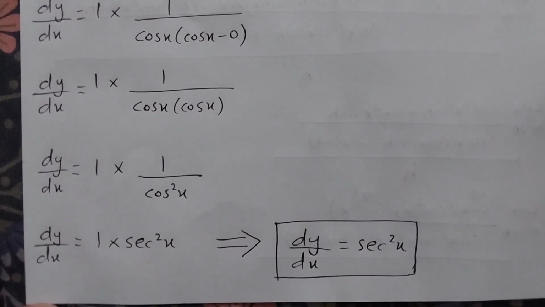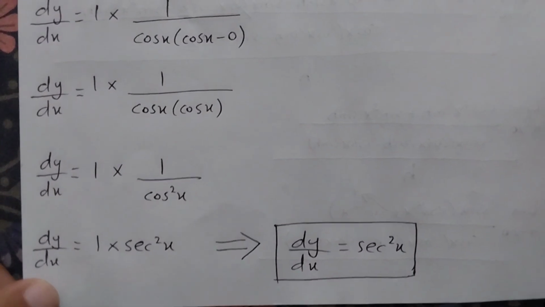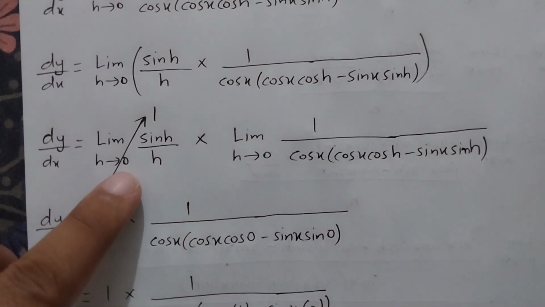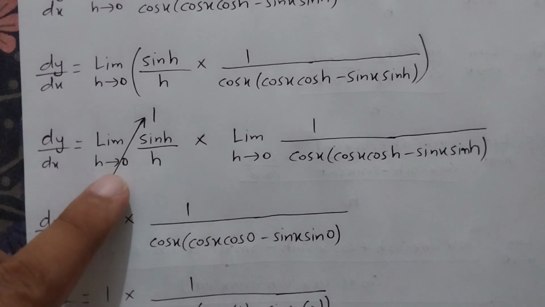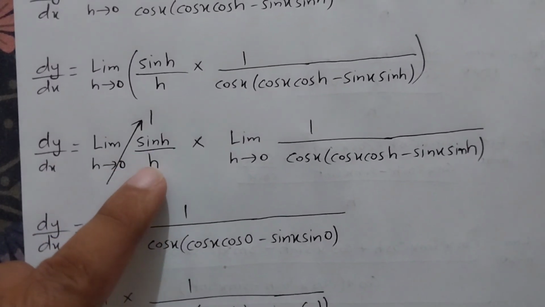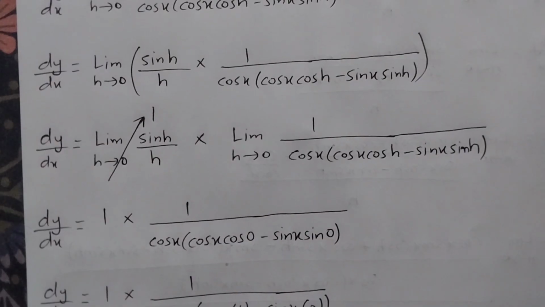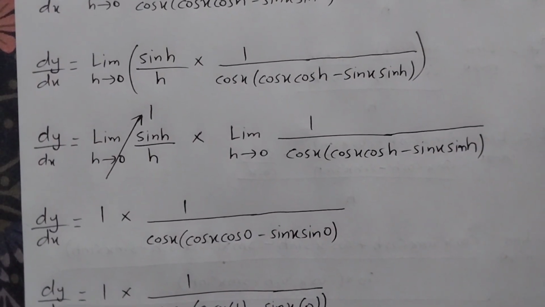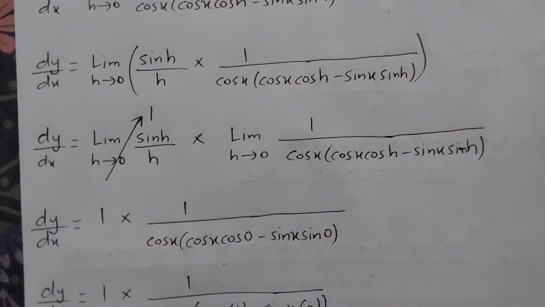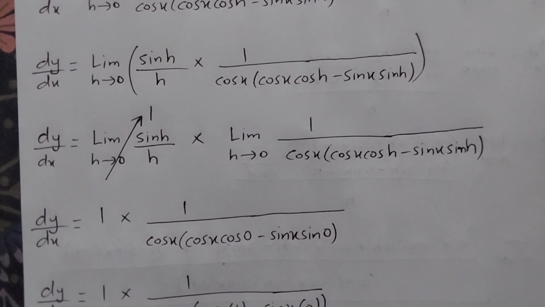And this result basically is true when x is in radians, because we have used this limit, sin h over h, when h approaches 0. So for this limit to be equal to 1, we must have h, or the variable, in radians.